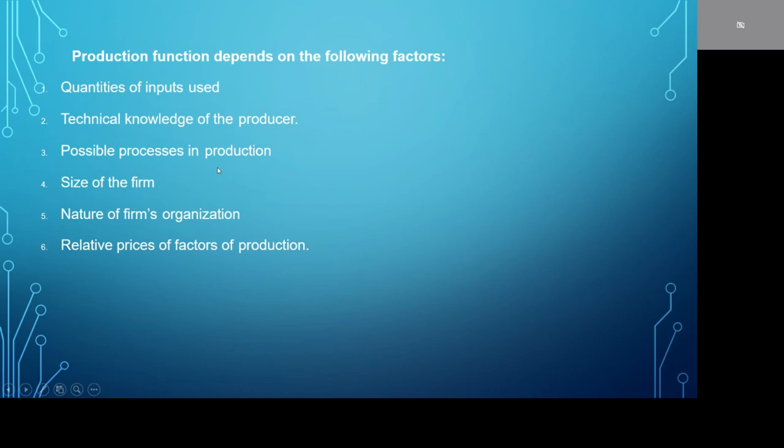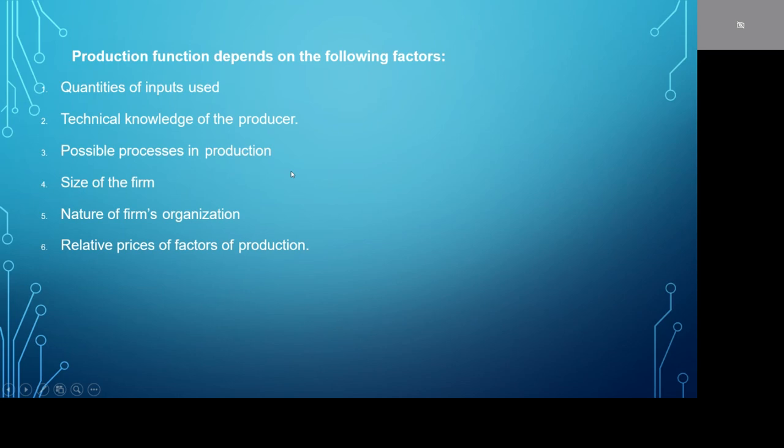Now I will summarize the points. First, we have discussed what the production function is. What are the types of production functions? That is continuous production function, discontinuous or discrete production function, short run production function, and long run production function. What are the forms of production functions?